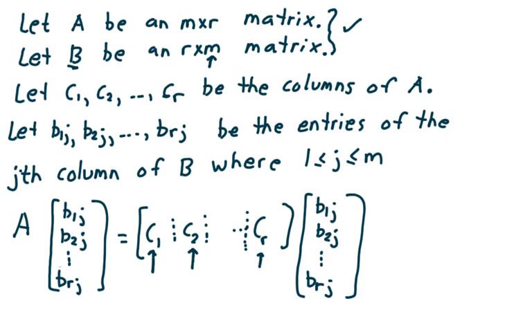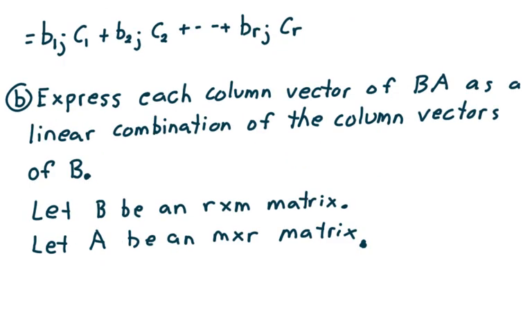And we're going to do something quite similar. Essentially, I'm going to take B1J times the first column of A, B2J times the second column of A, BRJ times the rth column of A. And that's what I did.